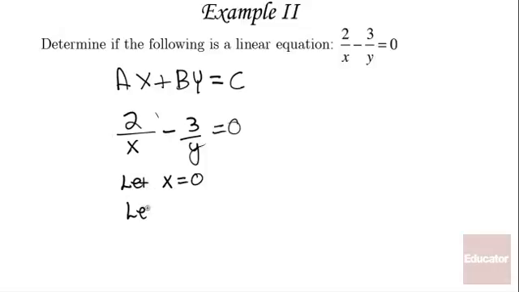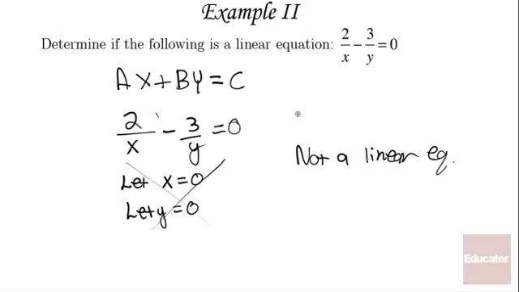If I were to let y equal 0, I'd run into the same problem trying to determine my values for x. Therefore, you can't do this and end up with coordinate pairs for those points. Because of that, this is actually not a linear equation. Even though I could manipulate this around and get it into standard form, I've got a problem here with having x and y in the denominators.